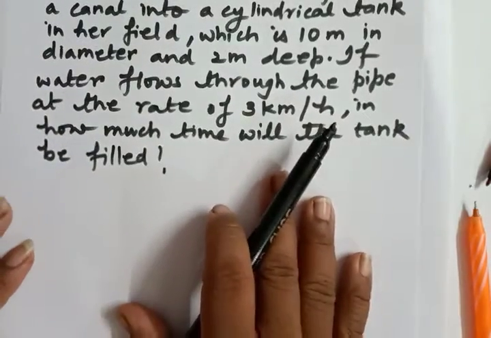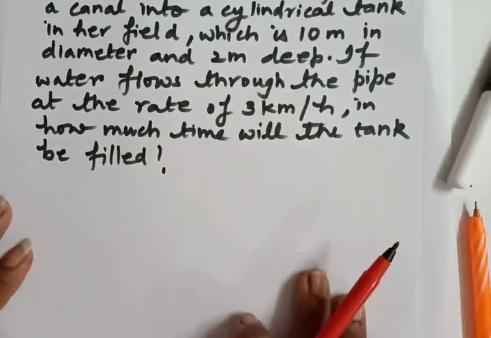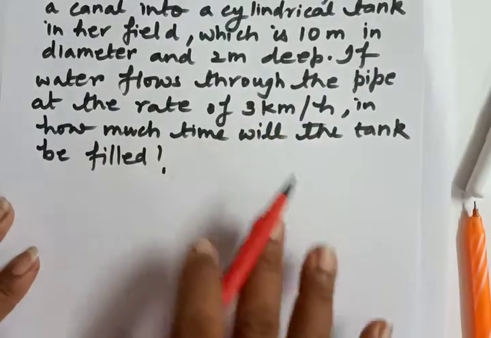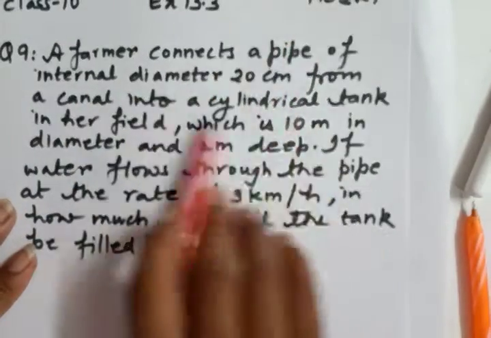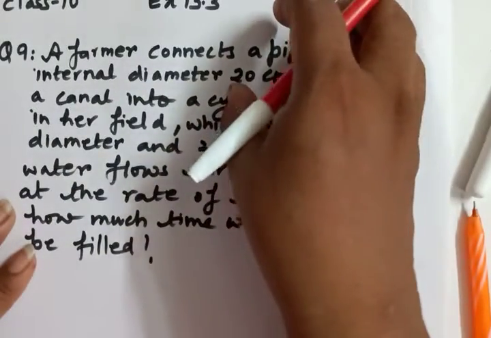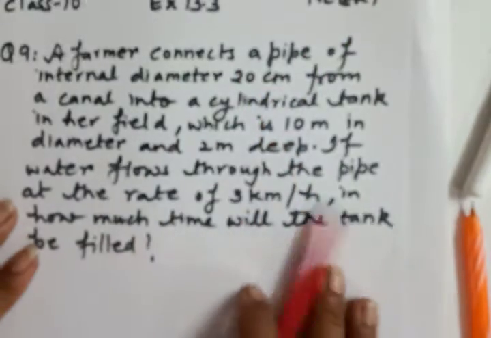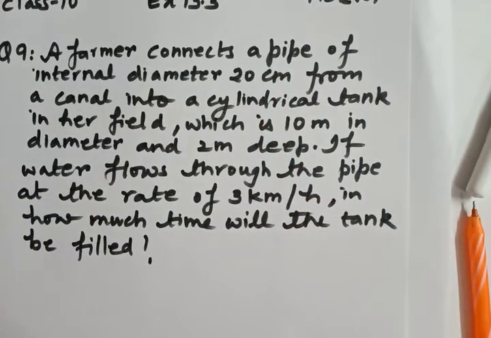So first of all, to explain this question, let's make a diagram. A farmer connects a pipe from a canal. I am taking the pipe that is used to fill the tank, that is a cylindrical tank. I am not making the canal here.